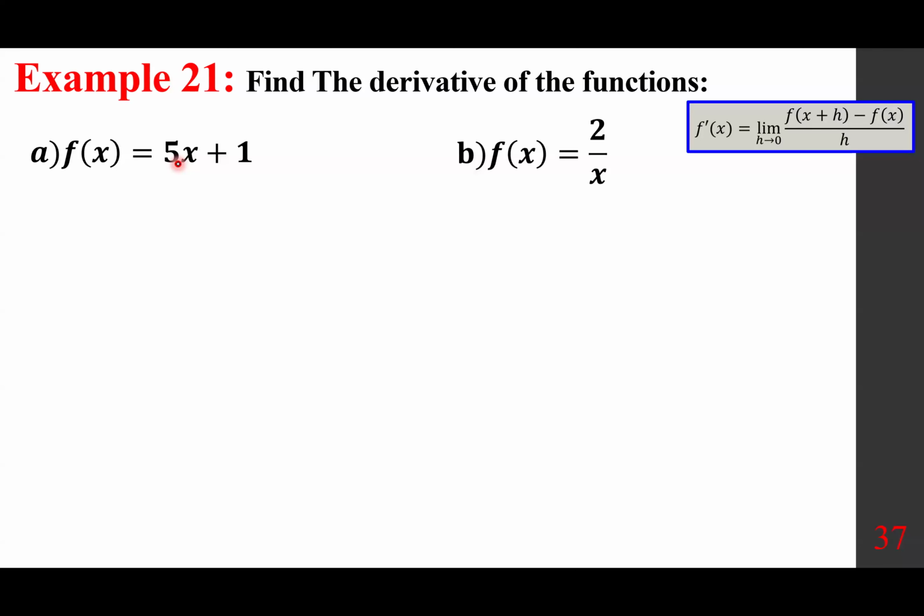So f prime of x is the limit of 5 times (x plus h) plus 1 minus this function over h. So this piece is f of x plus h.